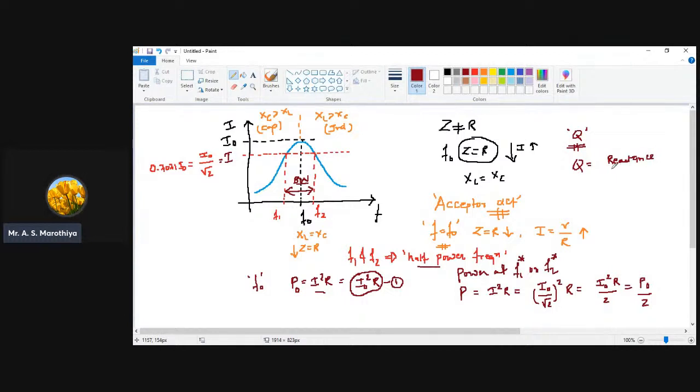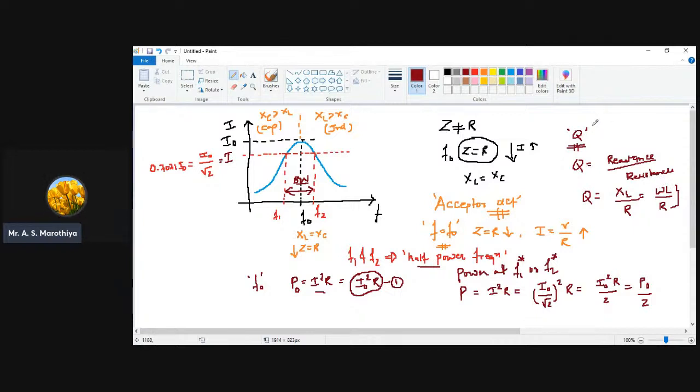So it is going to be inductive reactance divided by the internal resistance of that particular inductor. This is the expression for quality factor. In case of inductor, the inductive reactance is XL, and its internal resistance, suppose, is defined by R. So Q is equal to XL by R, or we can write XL as omega L divided by R. So this is the expression for quality factor in case of inductor.